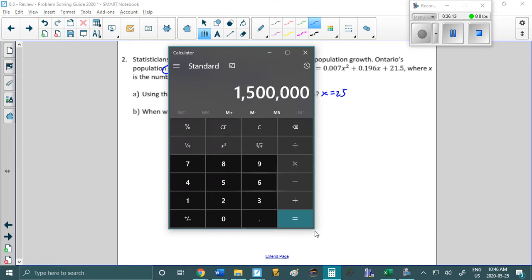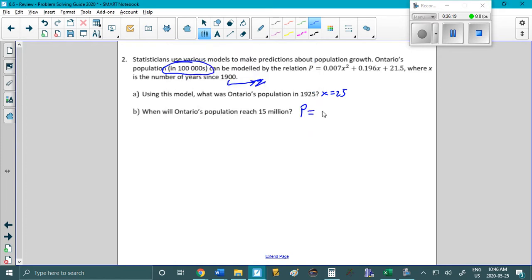So 15 million divided by 100,000 is 150. So P equals 150. Put it in here, bring it over, and solve. And remember, in quadratics, solving means factoring or quadratic formula. This is pretty nasty. I would be surprised if it could be factored, but you never know.